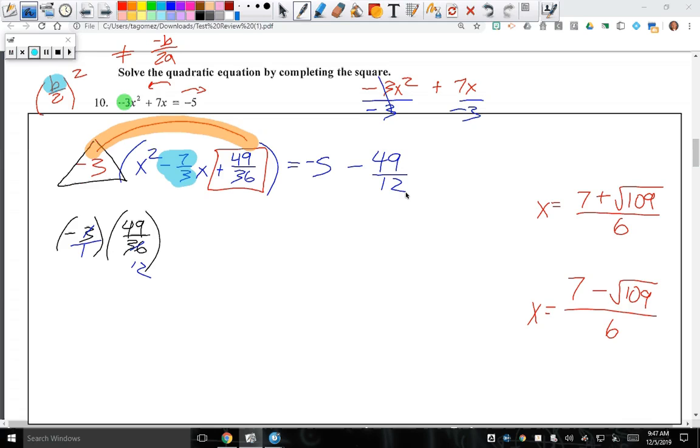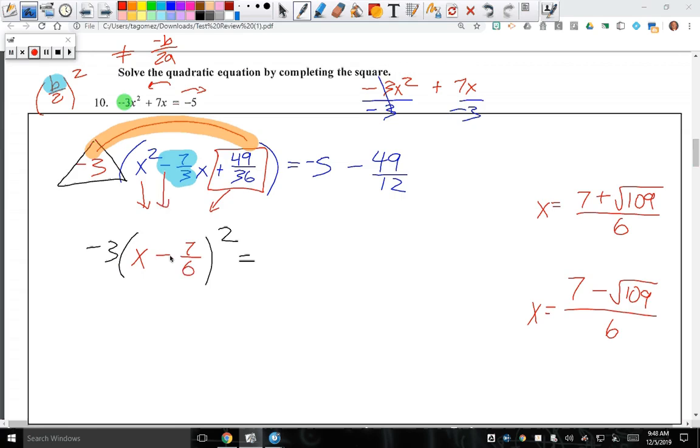Okay, from here, we will complete the square by keeping this negative 3 out in front, the square root of the first term, the square root of the last term, and borrow that first sign.